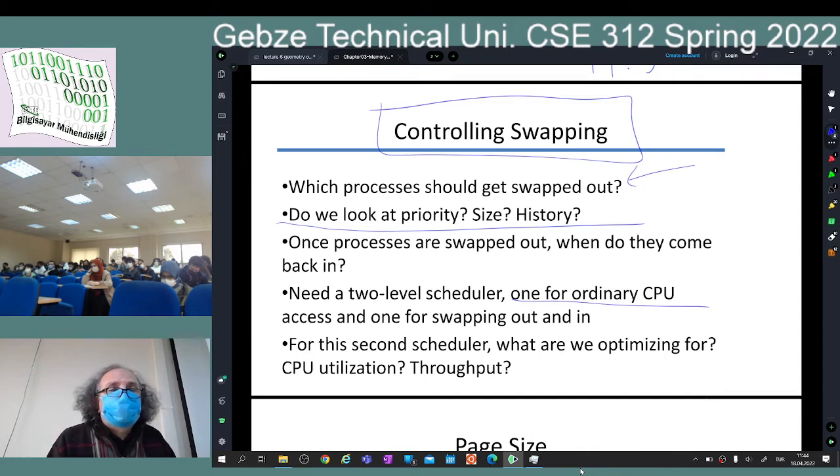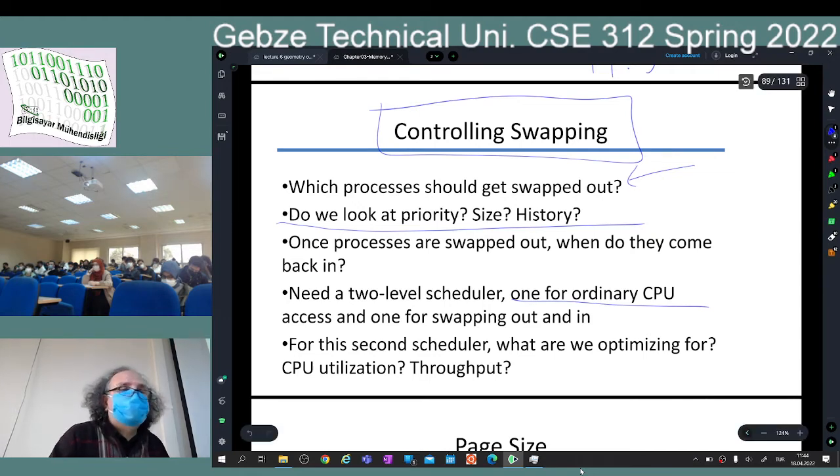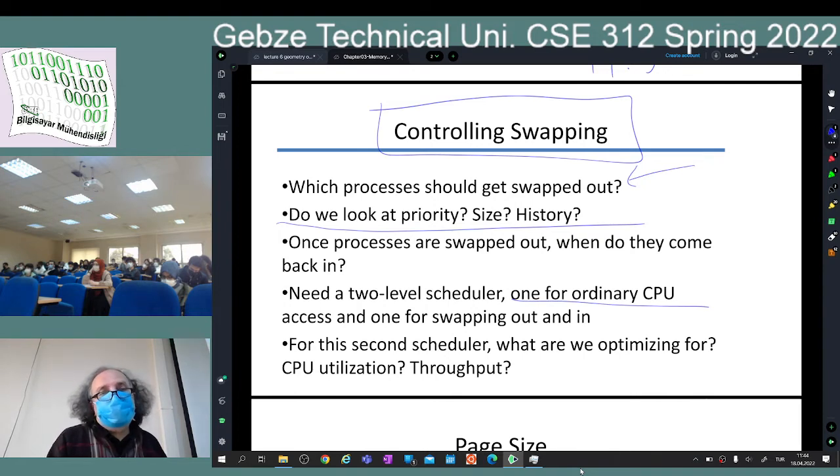So to solve this thrashing problem, either you have to terminate one of the programs, that's a bad thing, or you keep swapping. Write the entire program to the disk and wait until the time is right.